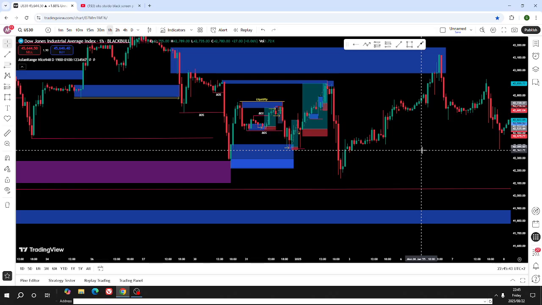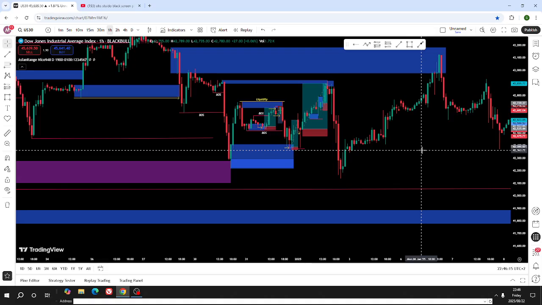Remember, on 30 minutes we need two candlesticks for 1 hour to happen. On 1 hour, what do we see? We see a doji. And then when we go back on 30 minutes, we see a supply being left, whereby we see an engulfing taking place. Then that's when the supply is being left, and we say, okay, there's a possibility that this order block will take us to the downside.